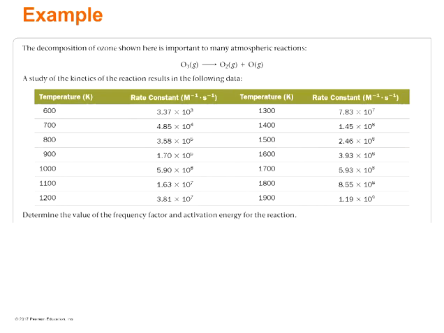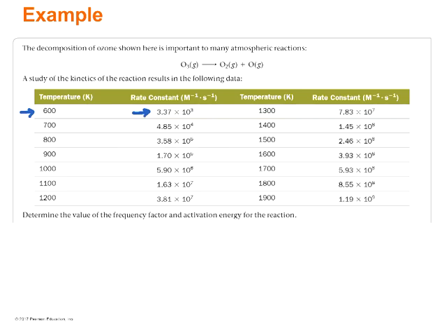A study of the kinetics of the reaction results in the following data. We have temperature in Kelvin and a rate constant in inverse moles per liter per second. We're increasing the temperature 100 Kelvin each time, and then measuring the rate constant each time.